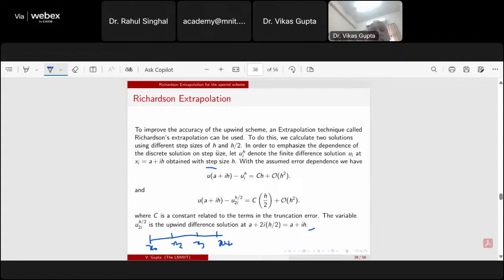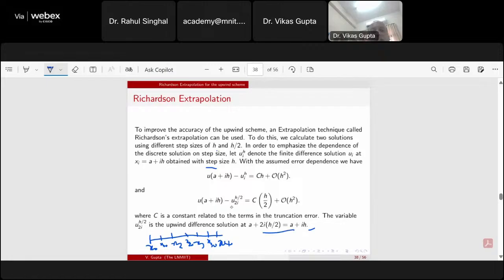You first find u_i^h on this mesh width. Now we bisect each interval by introducing more points. Now the mesh width is h by 2. Here x_i is a plus i h, and in terms of the new mesh width, x_i is equal to a plus 2i times h by 2.